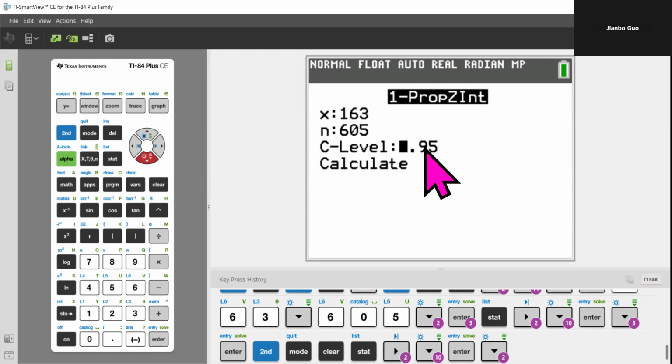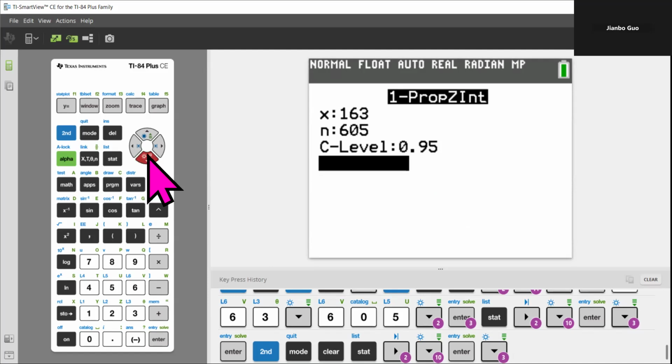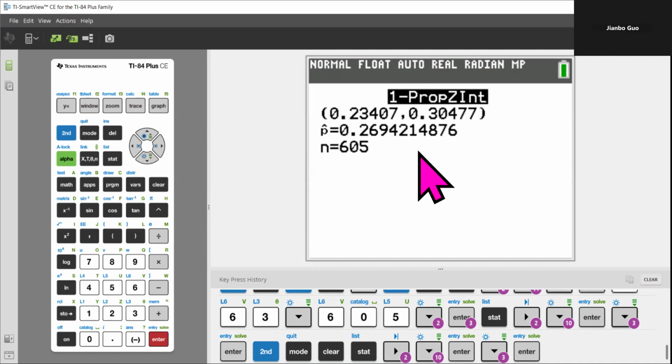It is also given. Only 3 entries to take care of, and then calculate. There we go. You will have this page, one proportion z interval, and that's the interval. This is the left endpoint, the lower limit. This is the upper limit, the right endpoint.